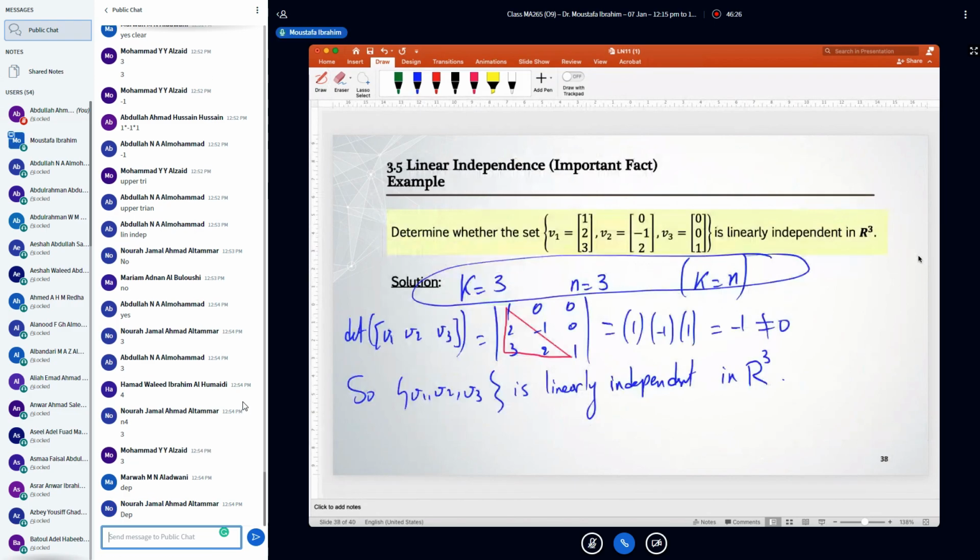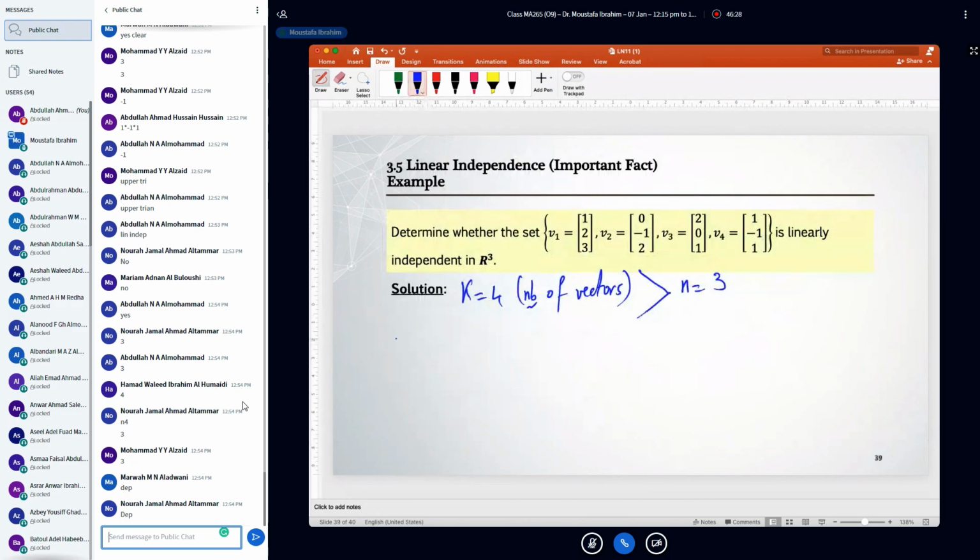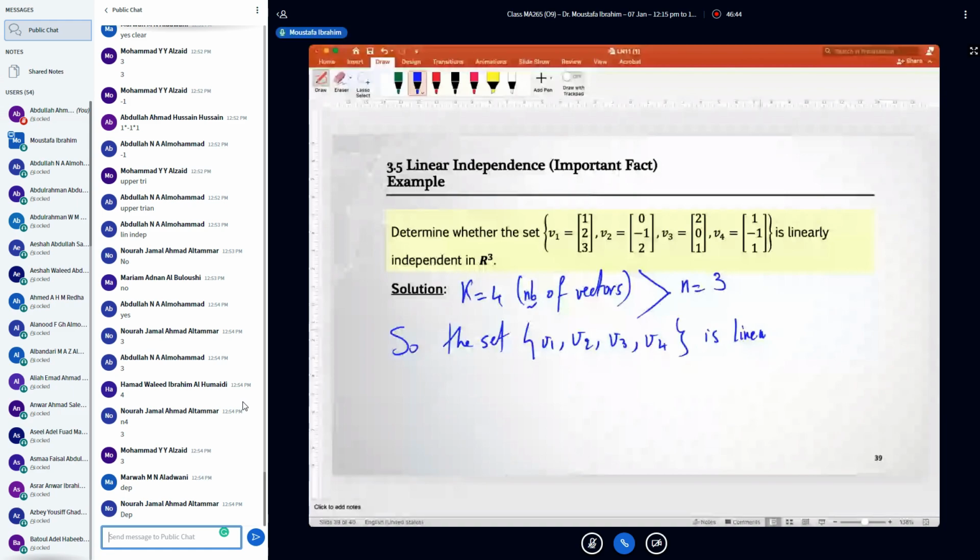So the set v1, v2, v3, v4 is linearly dependent. Too simple, you see?